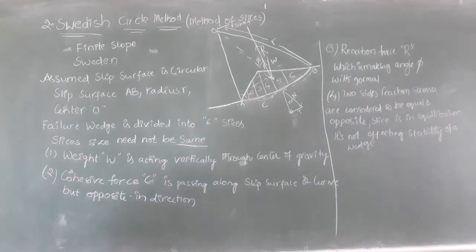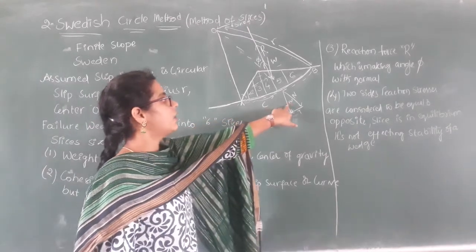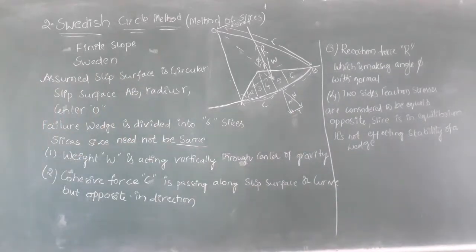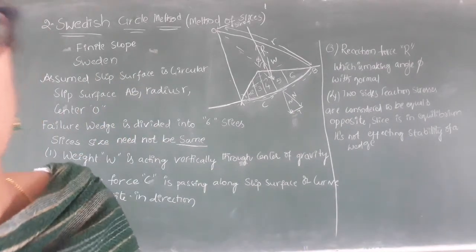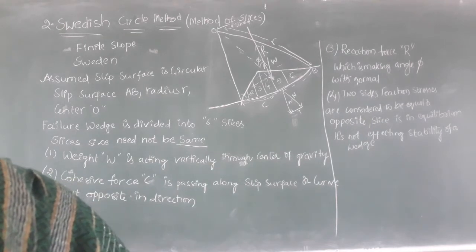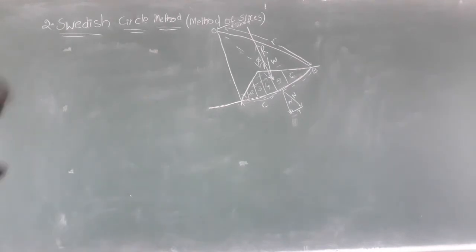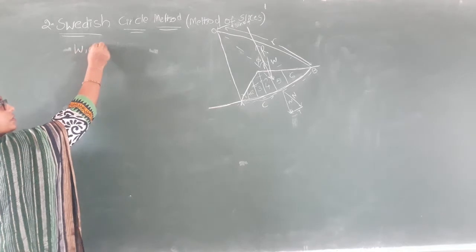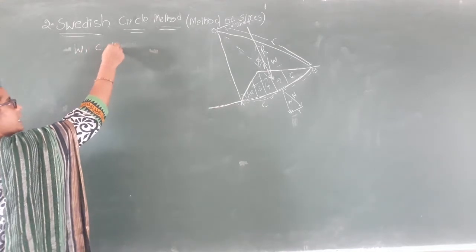So we discussed the forces till now. We'll implement these forces into the factor of safety formula. And one more thing, the weight is resolved into components N and T. So students, we defined three forces: one is weight, one is cohesive force, and another is reaction force.